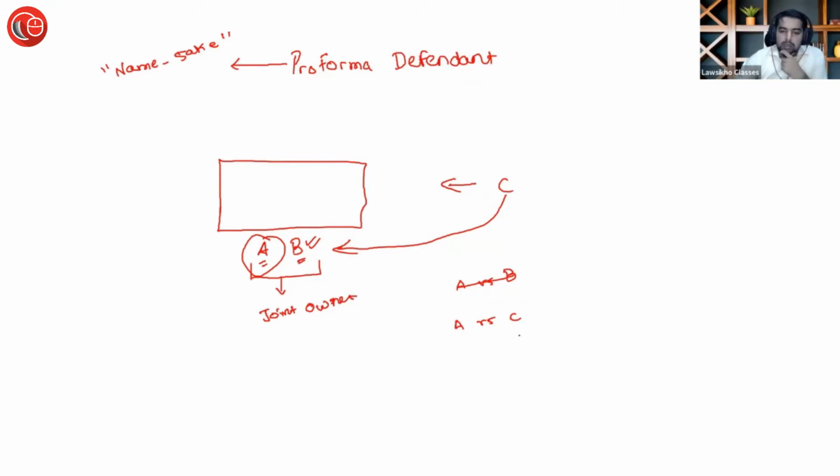So in this case, what will A do? A will make B a defendant. यहाँ पर. Now this defendant is known as pro forma defendant. Pro forma defendant. Now what does this mean? That this fellow B is a defendant, but he is defendant only for namesake.